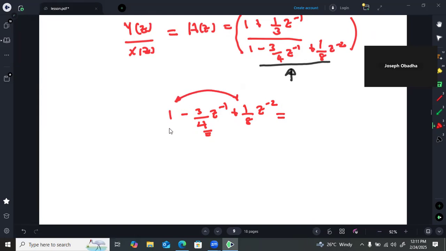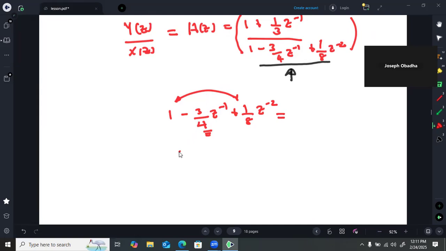Because you can see 3/4, I can use 1/4 and 1/2.